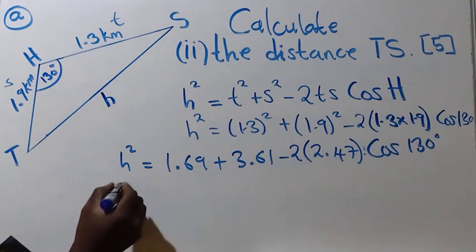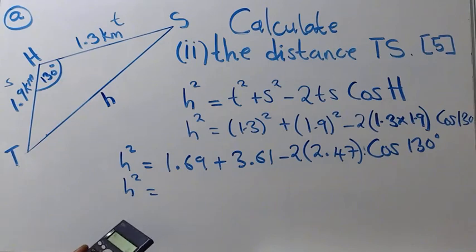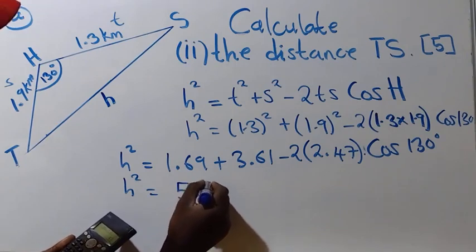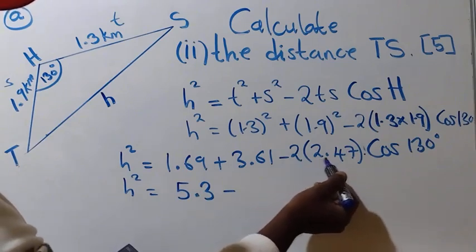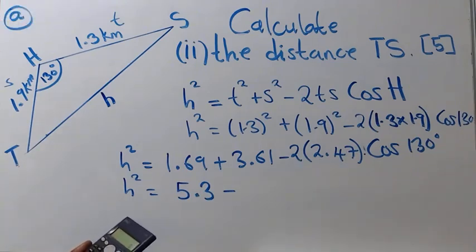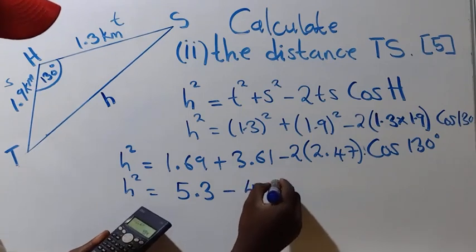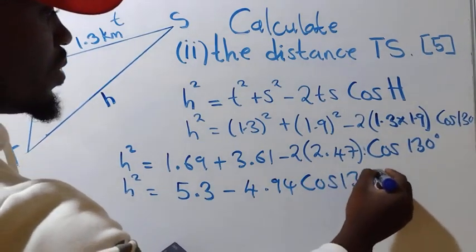So let's now add this. h squared is equal to 1.69 plus 3.61, so you punch these values on the calculator and you get 5.3, minus 2 times 2.47, which is 4.94, then cos 130 degrees.